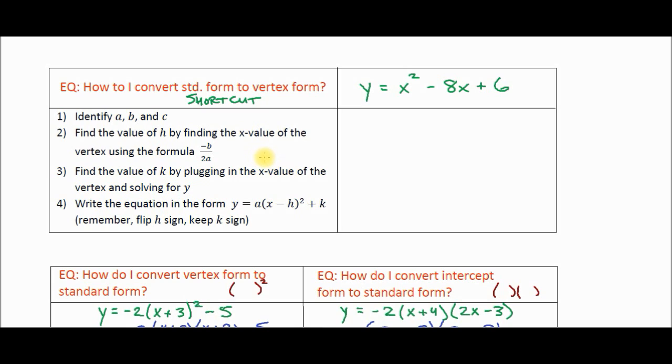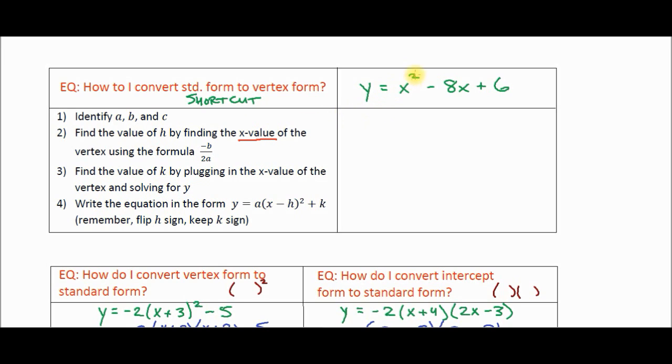And we've actually already learned this. That's using the formula negative b over 2a to find the x value of the vertex. Then we just plug that in to find the y value. And the x value will be the h value, and the y value will be the k value.